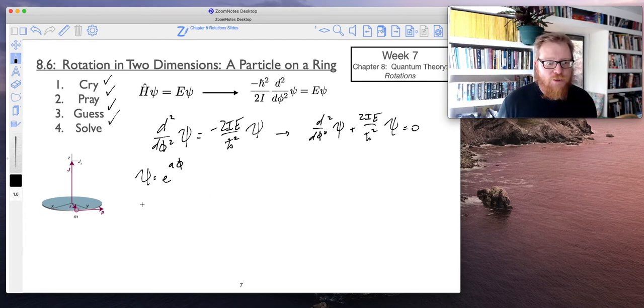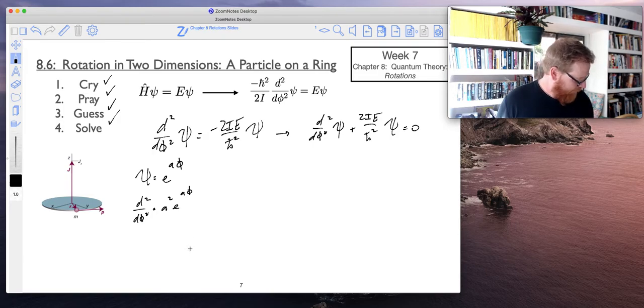And so now I'll just go very quickly to the second derivative directly. We know that that's going to be a squared e to the a phi. So this is all looking very familiar and all good.